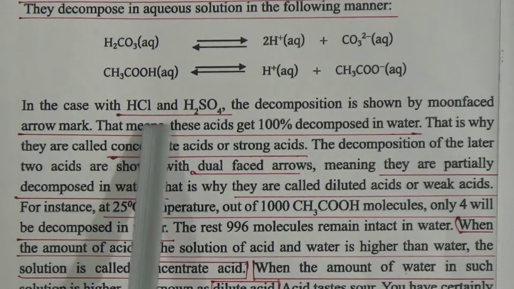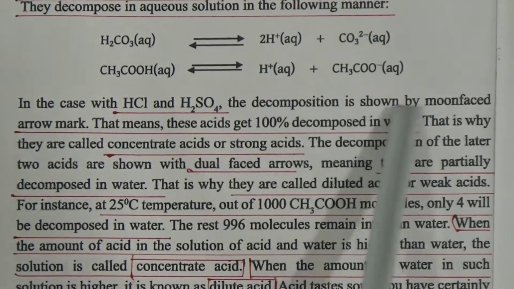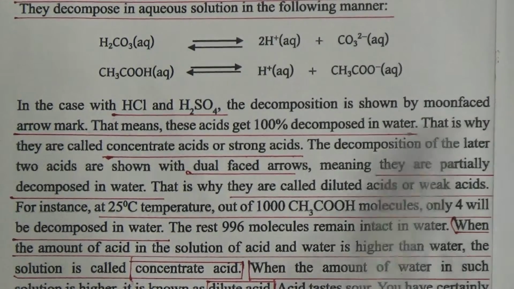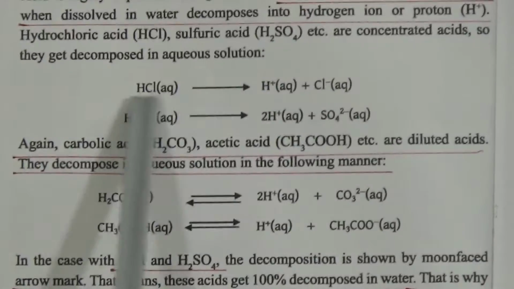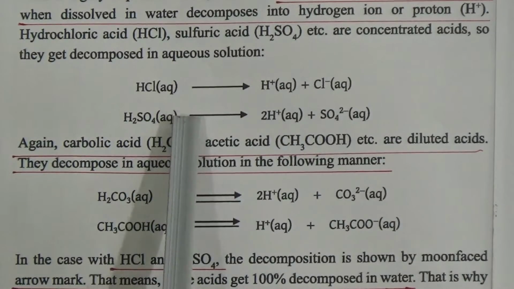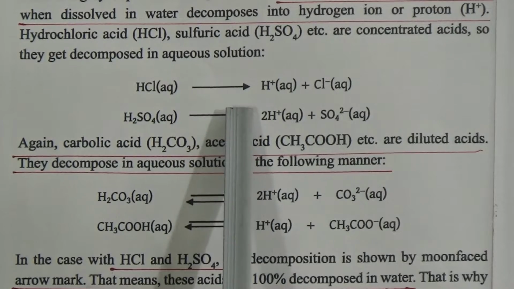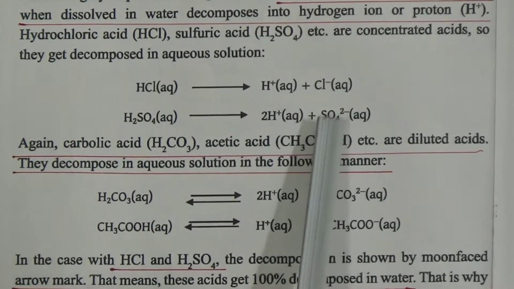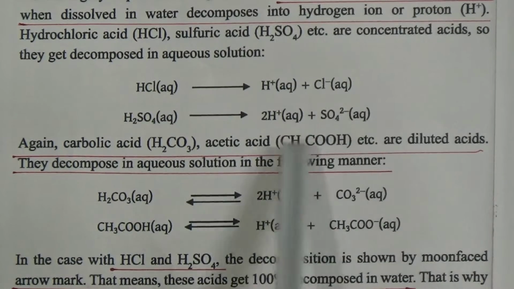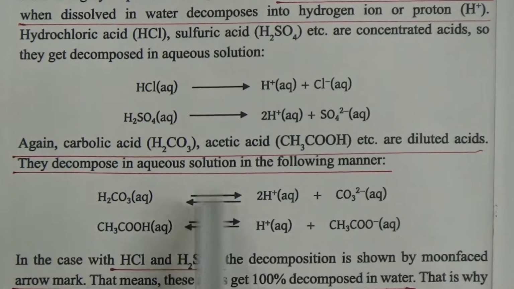In this case, the hydrochloric and sulphuric acid decompositions are shown with a single-headed arrow mark. Look, this one is a one-way arrow mark, that is a single-headed arrow. That means this acid decomposes 100% in the water solution. But here, if you observe, there is a dual-headed arrow mark.